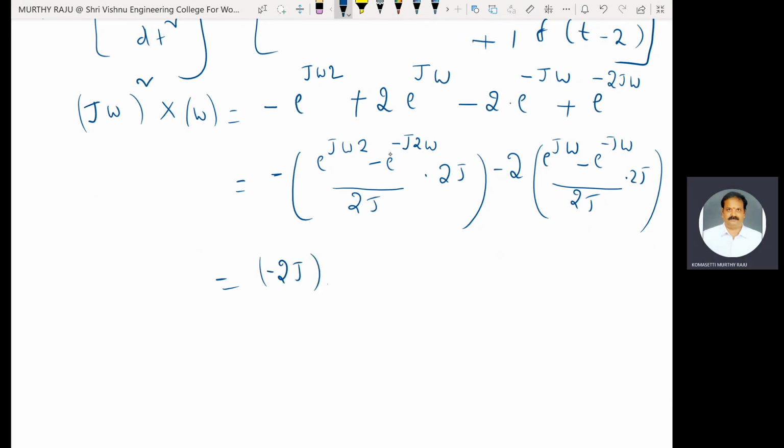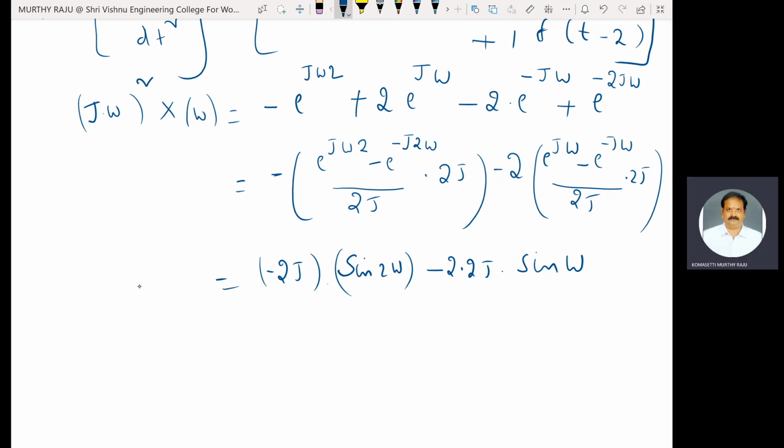Here e power j2 omega minus e power minus j2 omega by 2j is sine 2 omega. Minus 2 into 2j, e power j omega minus e power minus j omega by 2j is sine omega.